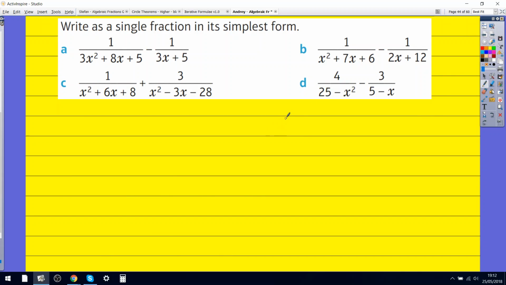Let's just do question C. Okay. Right. So, okay, I need to factorize it. Mm-hmm.